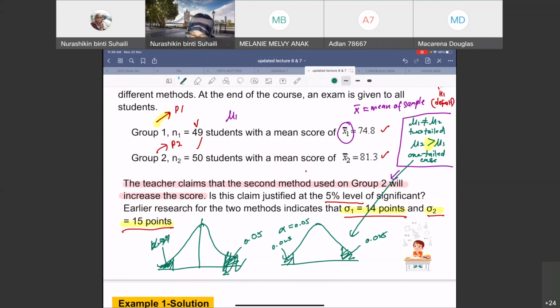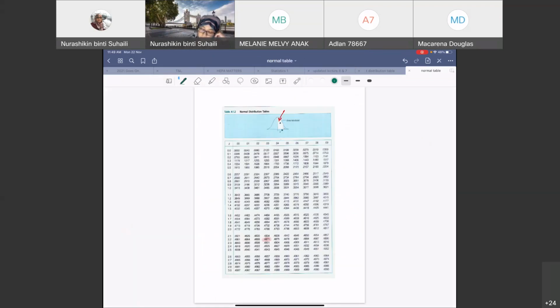So the area here is 0.5 minus 0.05, which is 0.45.